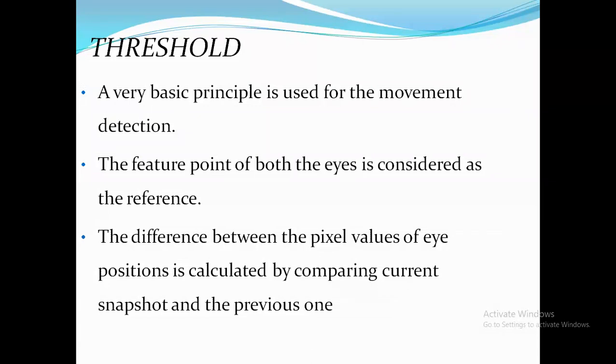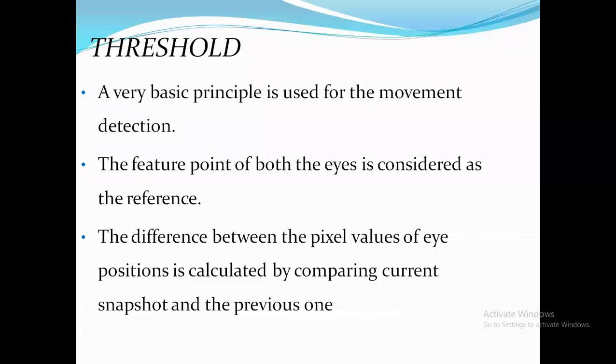We have two eyes. Each eye will be having a feature point. What is that? Feature point will be iris. So the feature point will be considered as a reference. We need a reference in order to detect, in order to make the vehicle move using the algorithm. So for that, we consider the feature point of both eyes as a reference point. Each eye will be having pixel values.